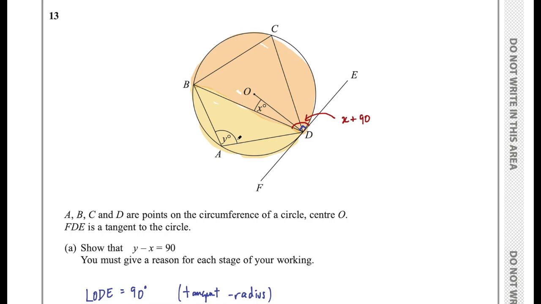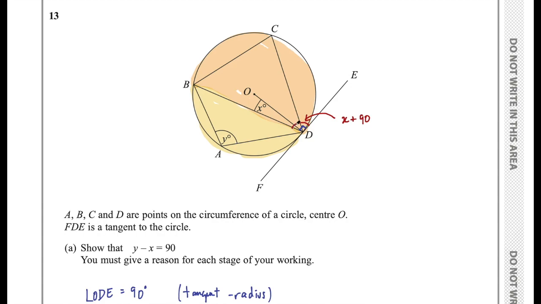This is called the alternate segment theorem because these angles are in alternate segments. This one's in the orange segment, this one's in the yellow segment. This always works when you have a tangent and a triangle inside the circle. So the angle in the alternate segment is equal to the angle between the tangent and the triangle in the other segment. Okay, hopefully that makes sense.